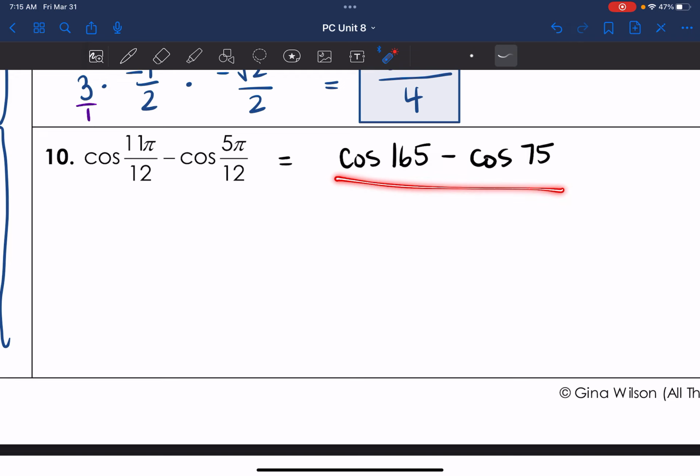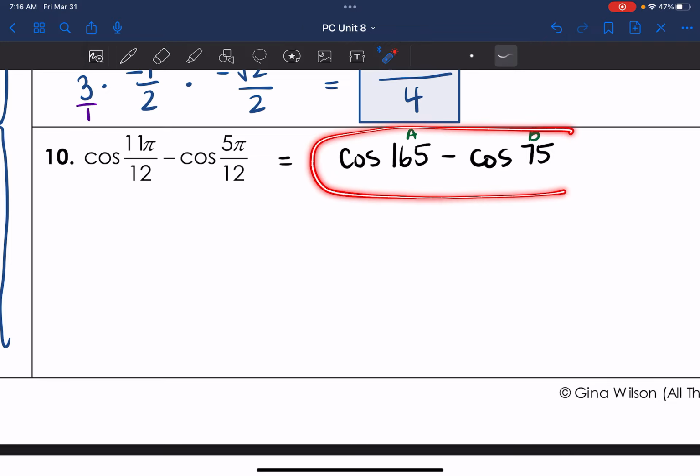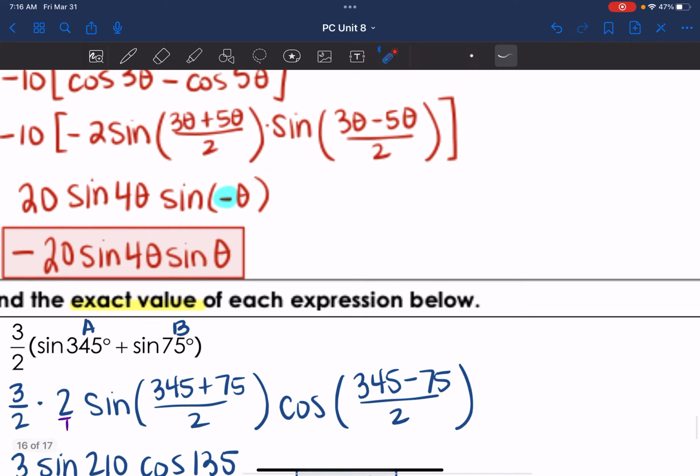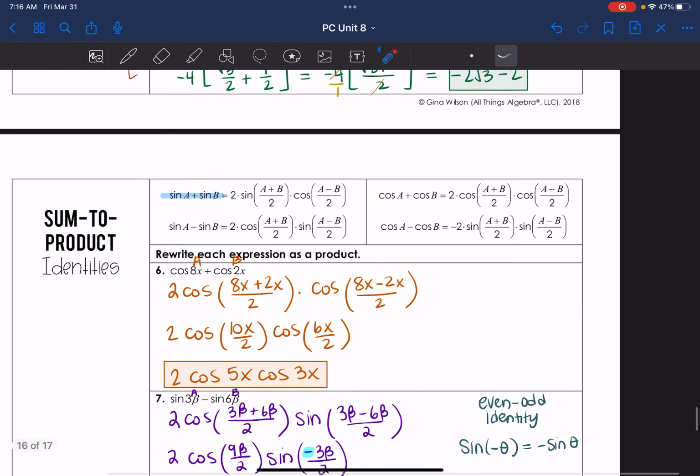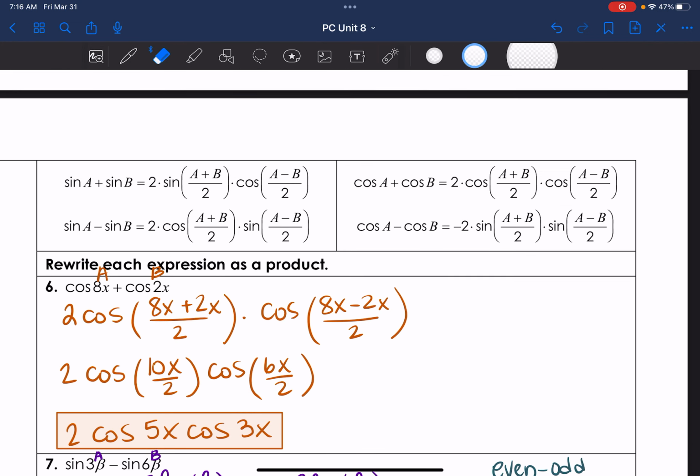Okay, so let's do it this way. That means that 165 is our A, 75 is our B. We need to look for the identity that has cosine minus cosine. Okay, so cosine minus cosine is this pattern here. It starts with a -2, then sine of adding the angles divided by 2.